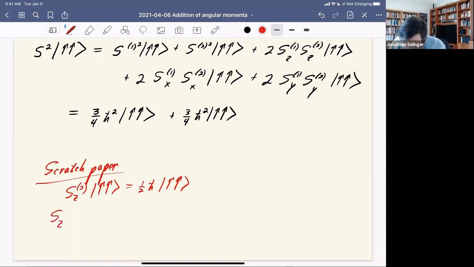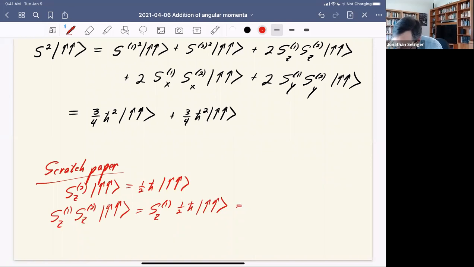What about SZ1 acting on SZ2 acting on up? That's SZ1 acting on a half h bar times up.